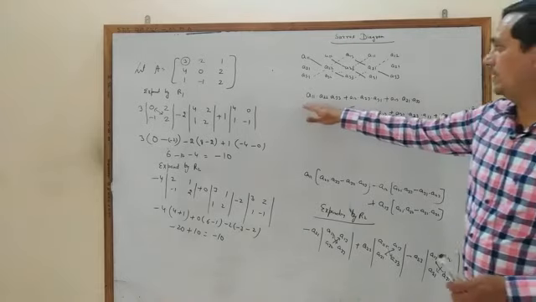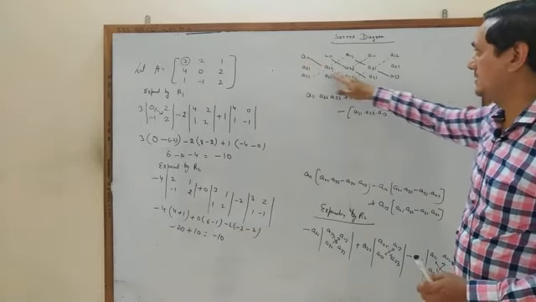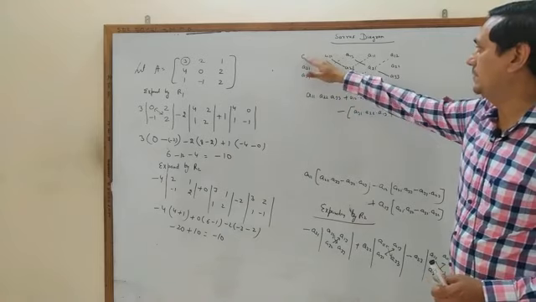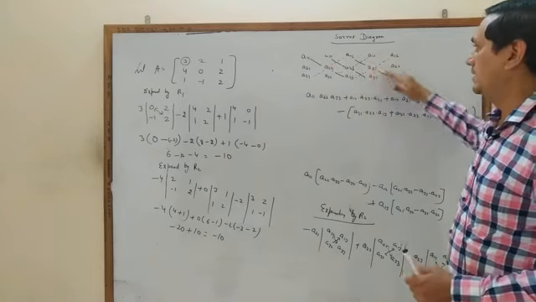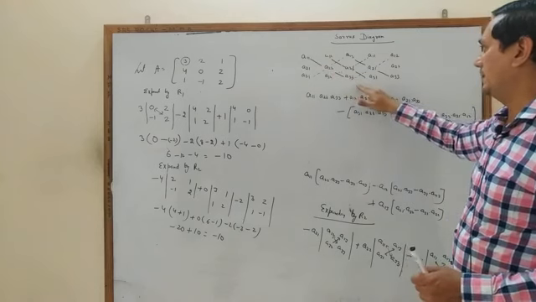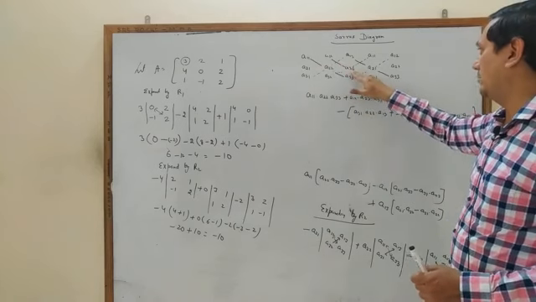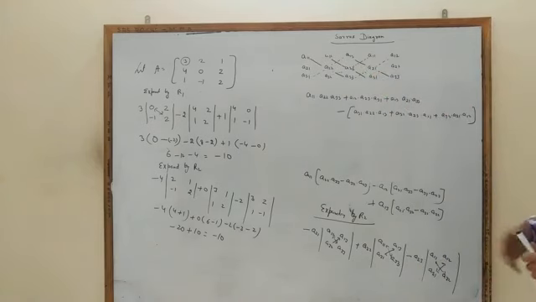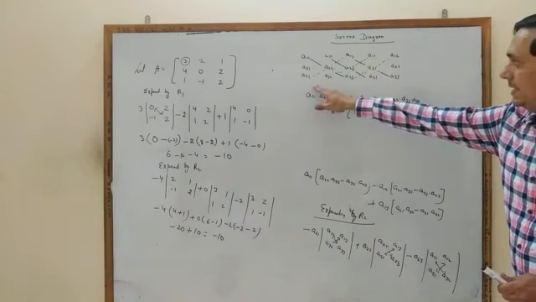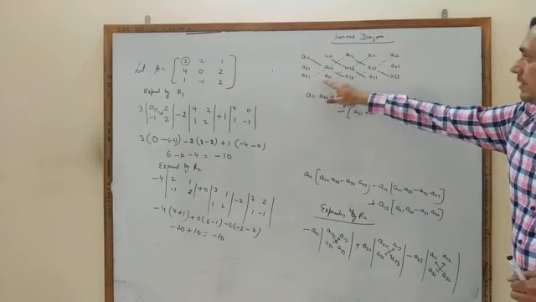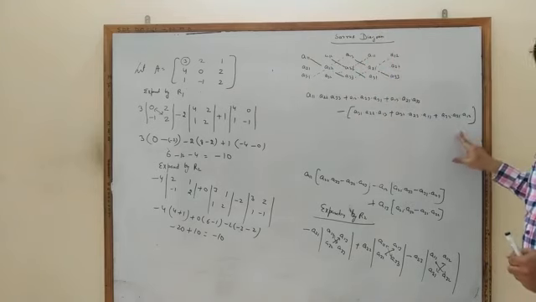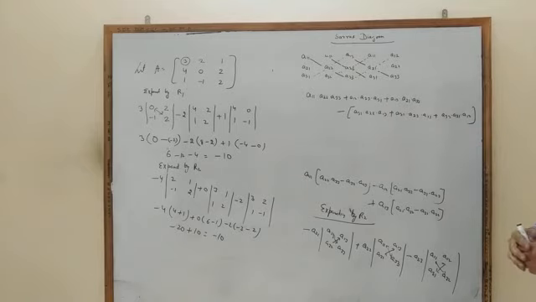First we multiply elements coming into a dark line, these three dark lines, A11, A22, A33 plus A12, A23, A31 plus A13, A21 and A33. Then the elements in a dotted line are to be multiplied with a negative sign.